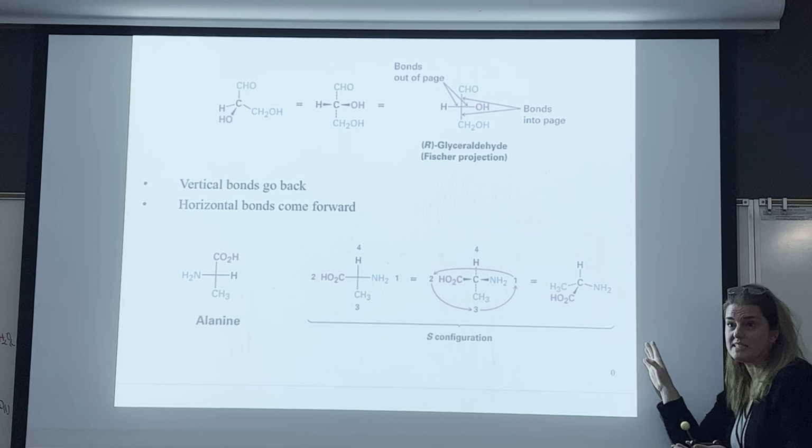So that top carbon is double bonded to an oxygen and single bonded to an oxygen. So which do you think gets priority? The CO2H or the CH3? Yes. And that's because an oxygen is heavier than a hydrogen. So this one on the bottom is only bonded to hydrogens, and that one up there is bonded to a couple of oxygens. So the one on the top gets number 2, and the one on the bottom gets 3.